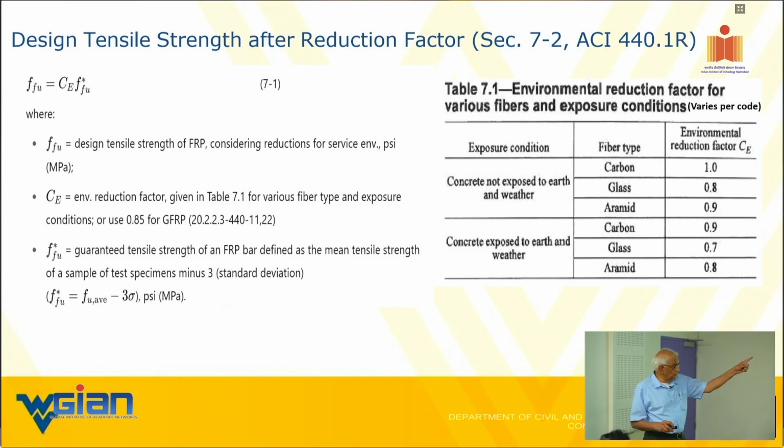Even though I'm using those numbers, you need to fill in an appropriate number depending upon the country you're using. Somebody is using a German code, somebody a Russian code. By and large the numbers are about the same, maybe a 5% difference, not vastly different. These reduction factors are for how many years of life of the structure? We like to tell people 100 years.